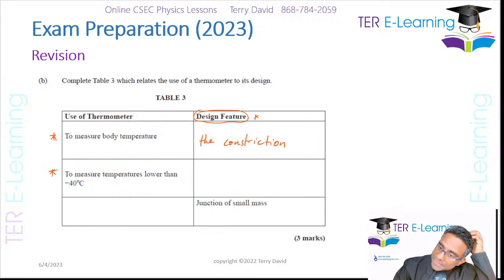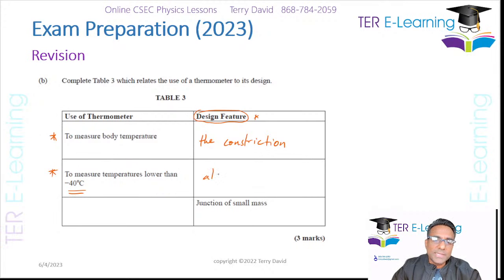Right, so some people saying alcohol, some people saying mercury, right? So in this case here, guys, remember mercury can be used to measure higher temperatures, right? But if you want to go down to minus 40 degrees here, we have to use alcohol in this case to get that temperature there, right?